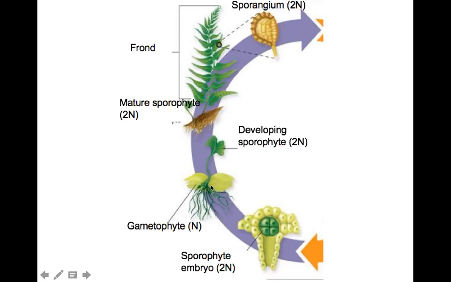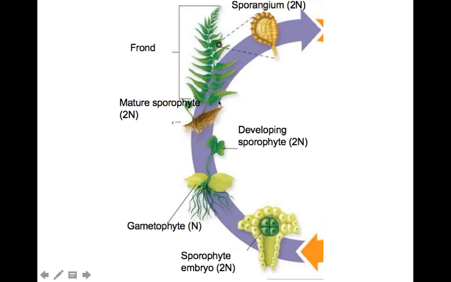The gametophyte, which you can see here, eventually withers away after it's done its job. It's not really a big part of the plant anymore. You can see with the mature sporophyte, the gametophyte just isn't really there anymore. It's done its part. But that sporophyte will grow and eventually turn into the fern. Here you can see a frond of that fern, and you'll have several fronds.